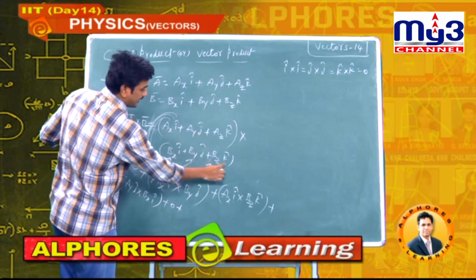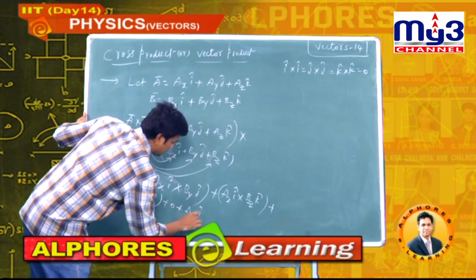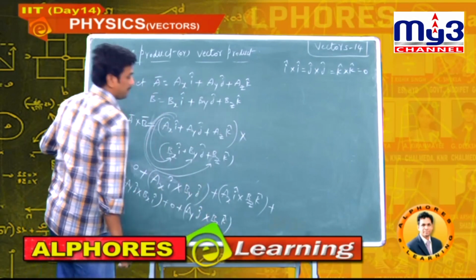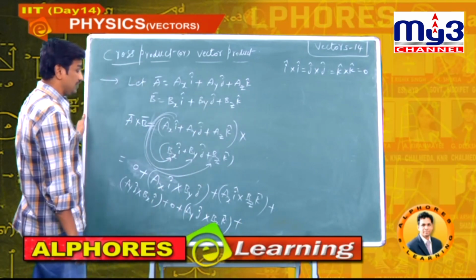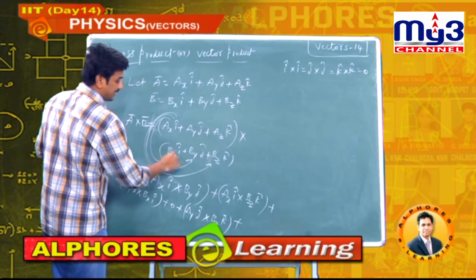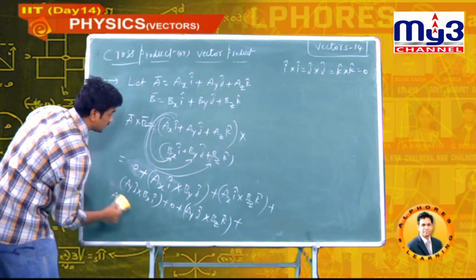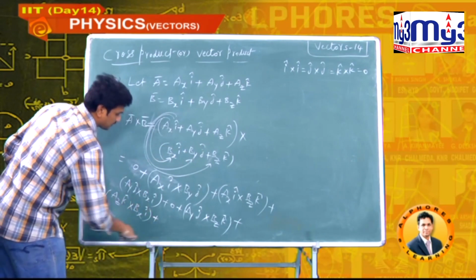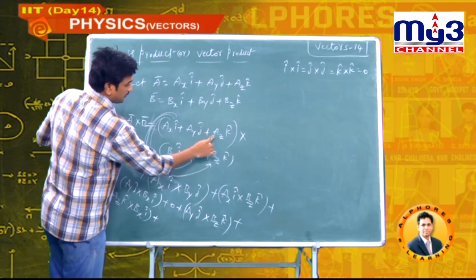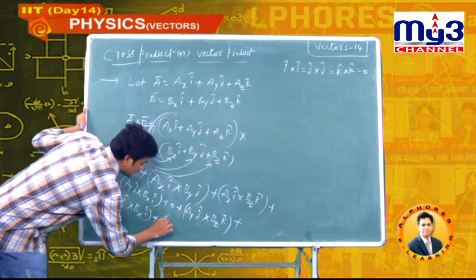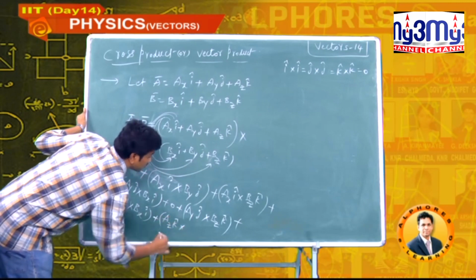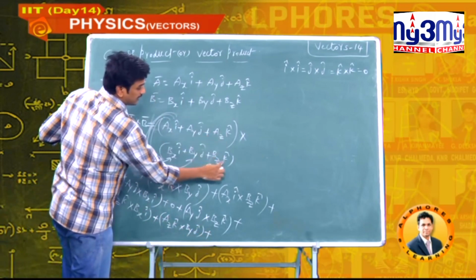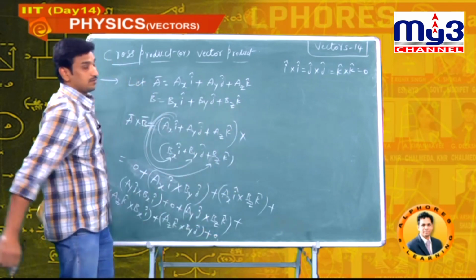Next, AY j cap crossed with BZ k cap, plus last one, AZ k cap, BX i cap: AZ k cap crossed with BX i cap, plus second one, AZ k cap cross BY j cap, plus AZ k cap, BZ k cap, k cross k is 0.